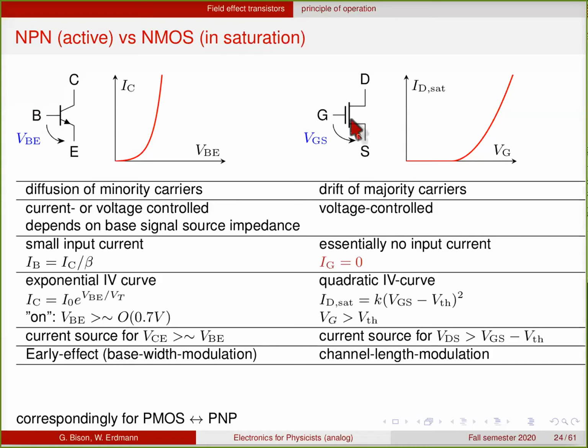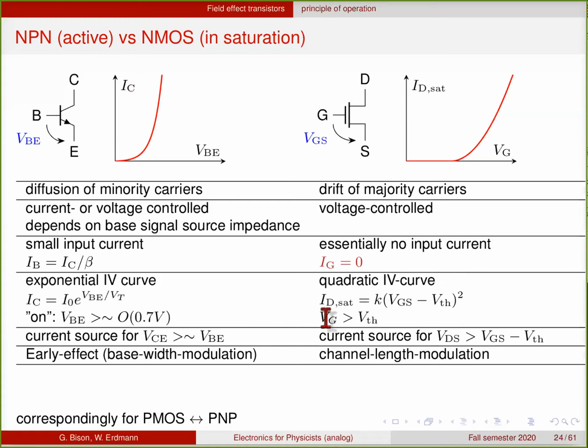The field effect transistor, on the other hand, is always a voltage controlled device because there's no appreciable DC current into the gate. So this is this line. You have a small input current into the base, which is then amplified to a proportionally much larger current from collector to emitter, while here you have no input current. I already mentioned the exponential curve, which here is a quadratic curve.